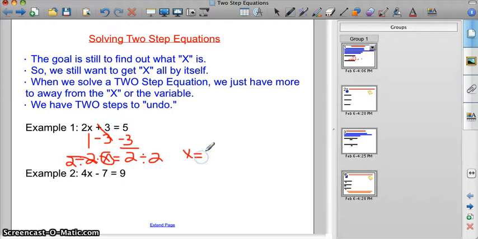equals 1. And I know I'm correct because I can substitute 1 in for x, and I should find that my equation is correct.